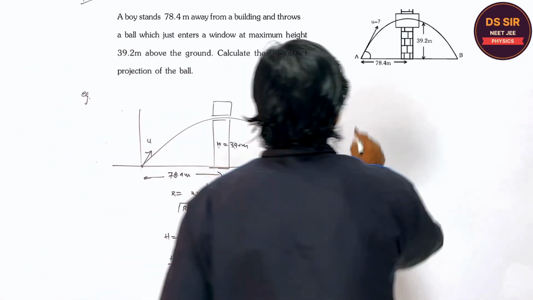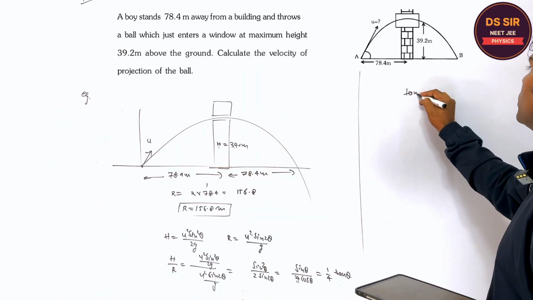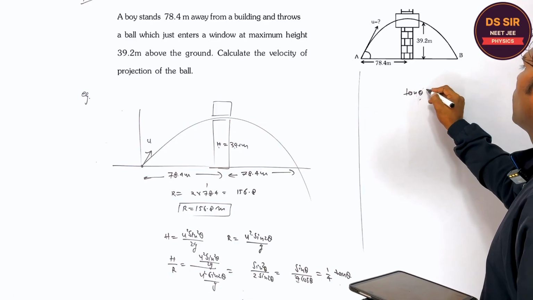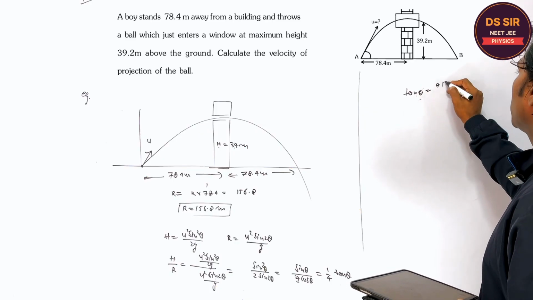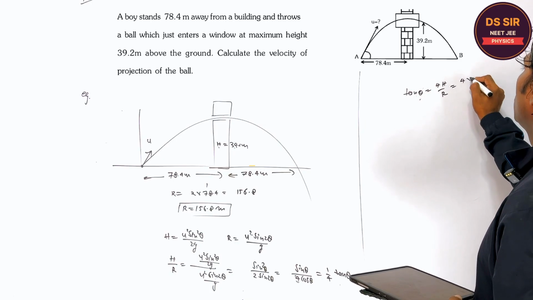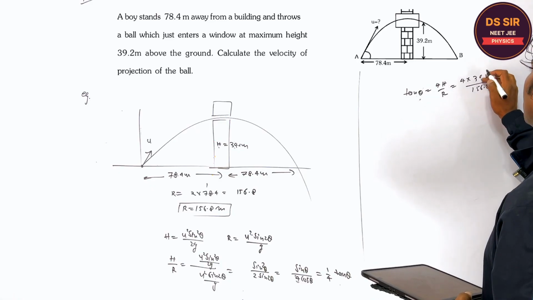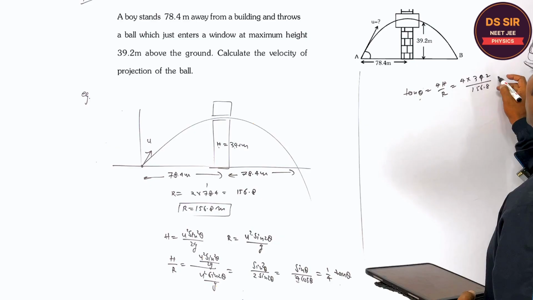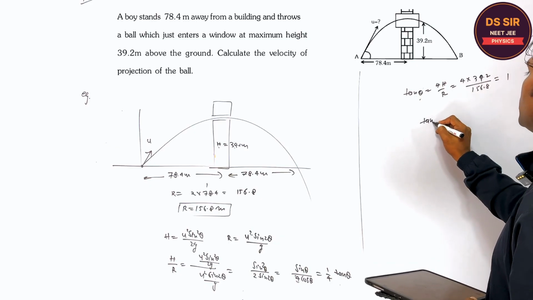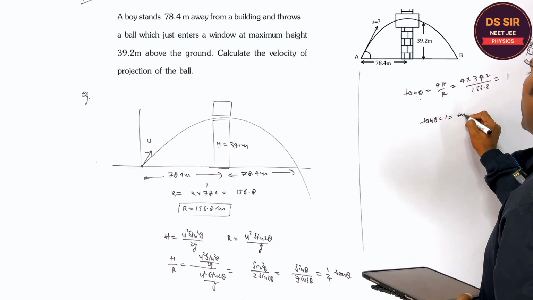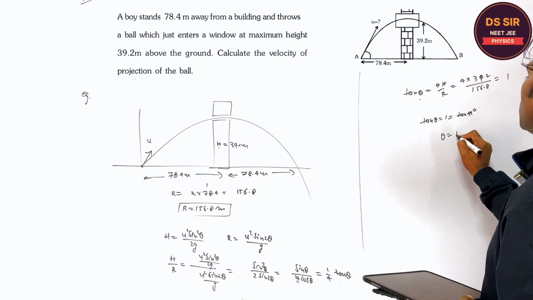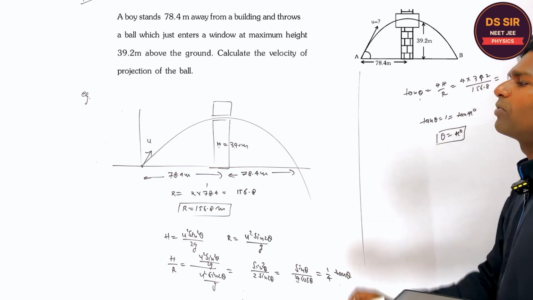Are you getting? So what is the tan theta value? It is equal to 4 into h upon r, 4 into maximum height upon 156.8. Are you getting? When you calculate, it comes to 1. So tan theta is 1, which means the angle of projection is 45 degrees.